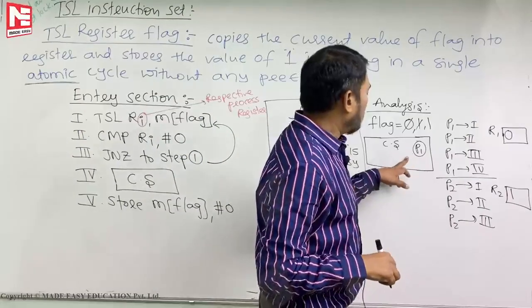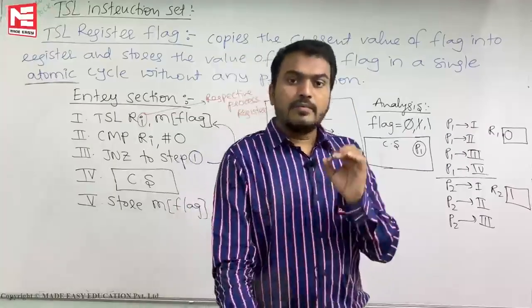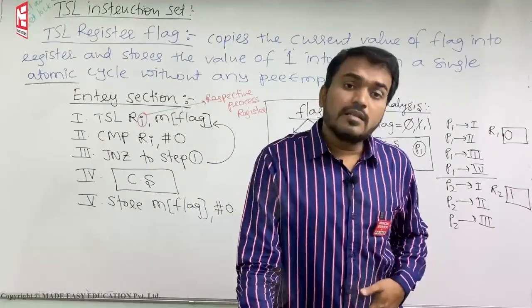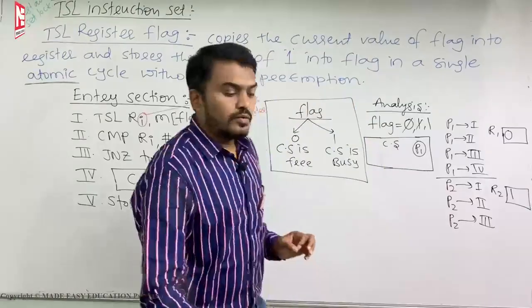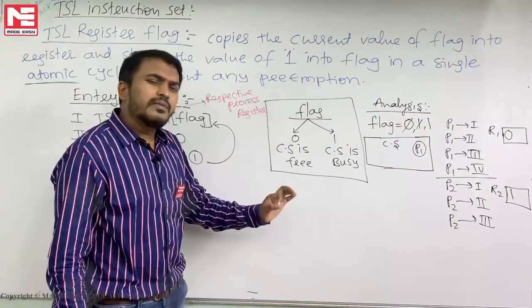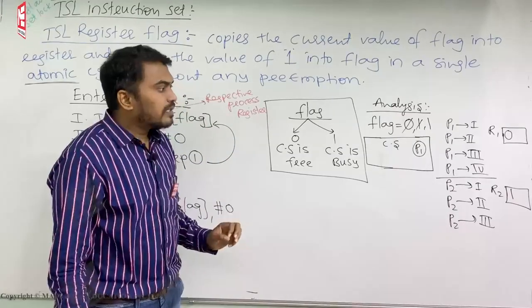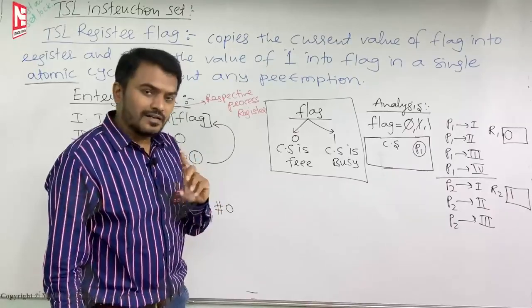When P1 is in the critical section, P2 cannot enter the critical section. Remember, you can try in any possible manner; only one process will enter the critical section. So it means mutual exclusion is satisfied.